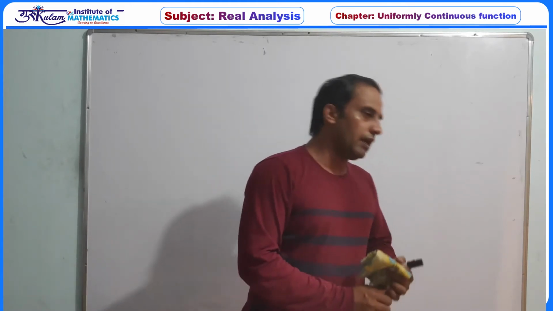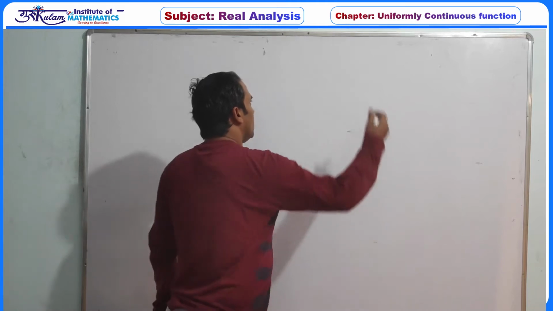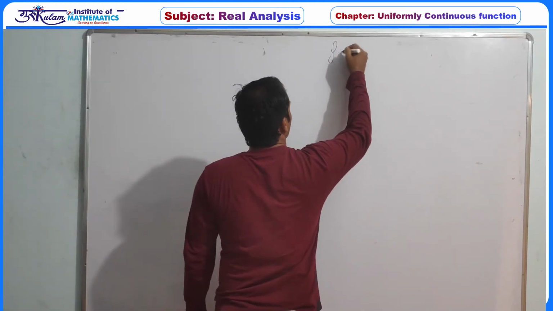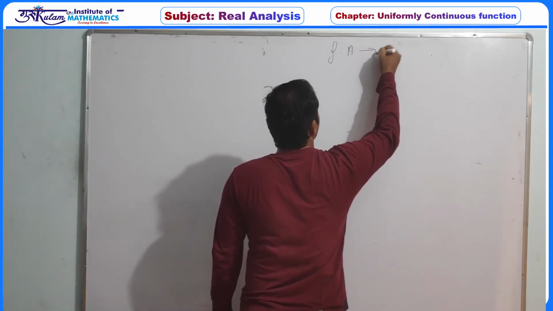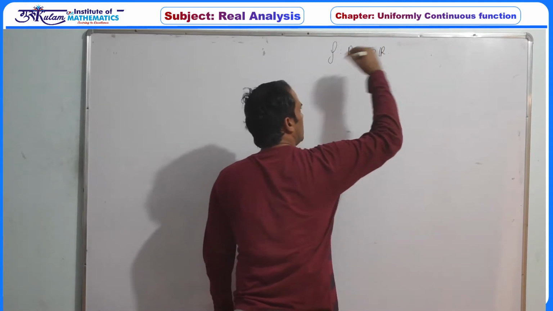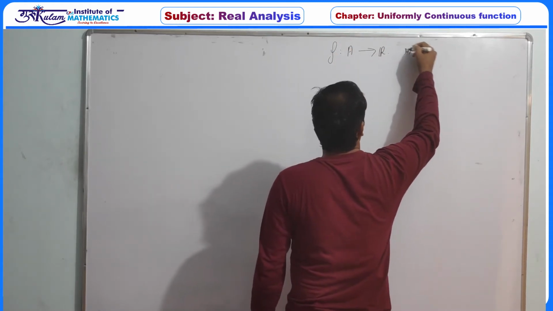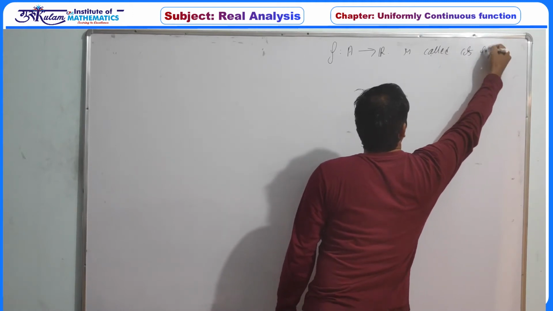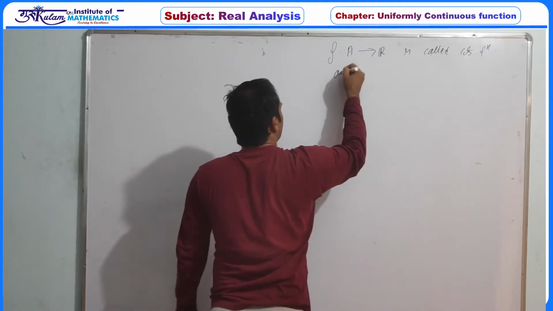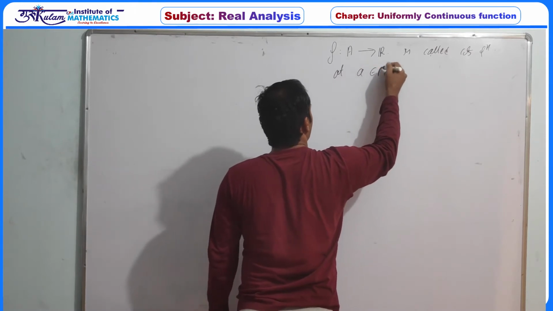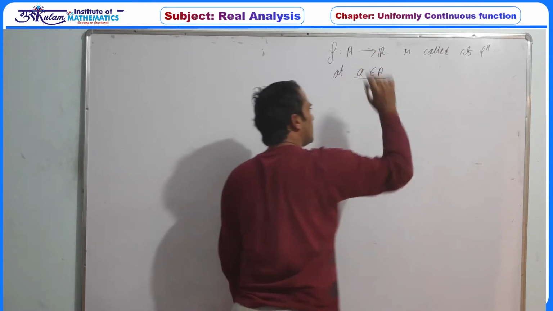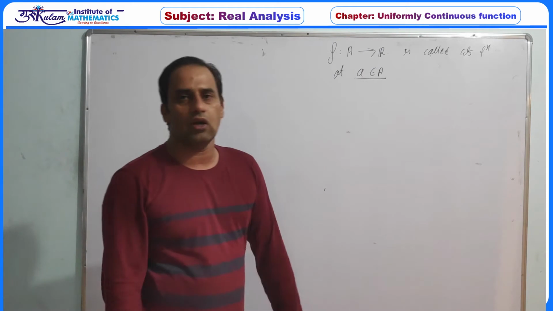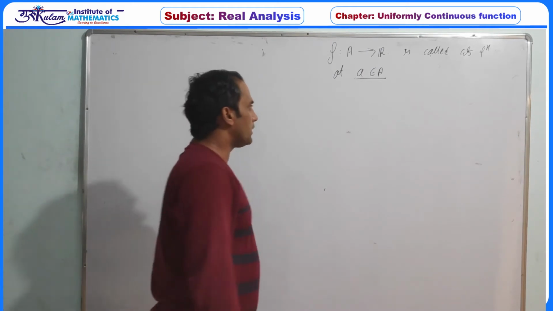So what we have discussed in continuity: a function which is defined from A to R is called a continuous function at a belonging to A. Whenever we are discussing the continuity of a function, it is always a point based property.